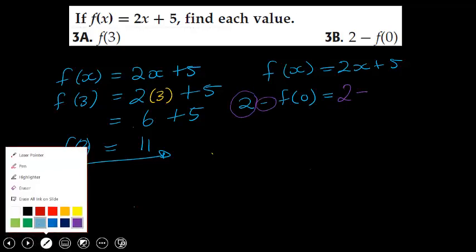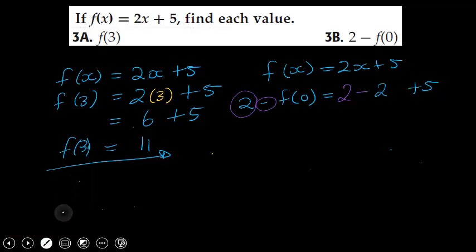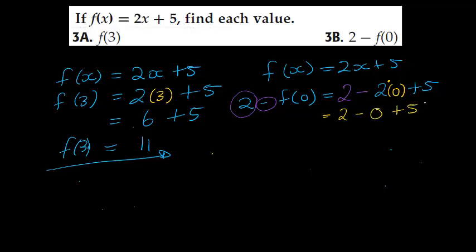And now I'm going to the function f, and I'm substituting the value for x, which is 0. BODMAS says that I do multiplication first. So I've got 2 minus 2 times 0, which is 0, plus 5. And that equals 2 plus 5, which is 7.